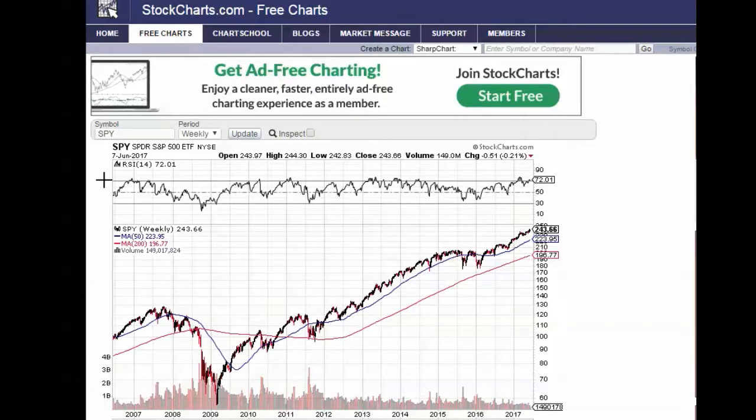You just put in the symbol, and this is a weekly chart again, and it's best for long-term time frames, which I recommend for people that are long-term investors or swing investors. They're not trying to day trade or make really short-term guesses about where the market's going. They're trying to get a really broad perspective of how the market moves, so that you can make better decisions about investing your money.